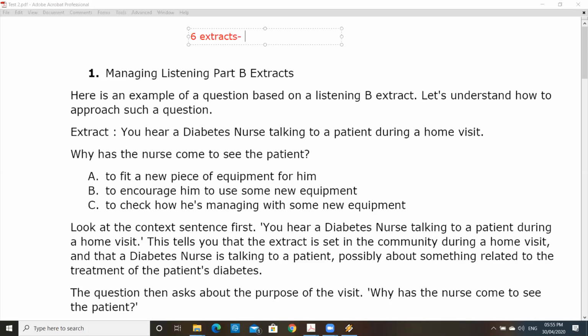and each one of them would have one question. So a total of 6 questions. They will all be related to the workplace. Most of the conversations will be conversations that take place between two healthcare professionals. It could be in the form of a handover.